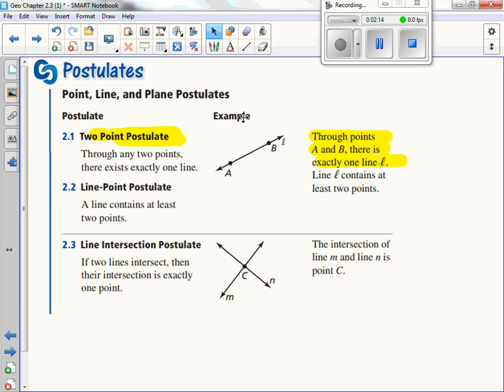Then it wouldn't be a straight line and we wouldn't be Euclidean, but straight lines don't curve. So when they only intersect once, they're not going to come back. So our line intersection postulate states that if two lines intersect, they intersect at 1 point.